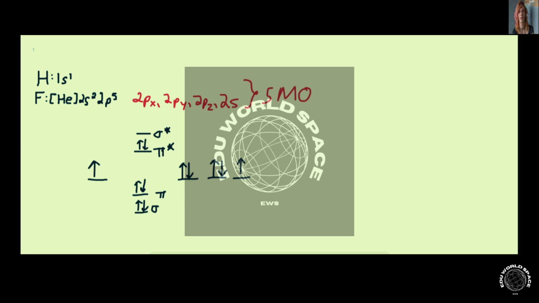So HF has a single bond. You literally can't form a double bond with hydrogen. The two electrons in our anti-pi orbital cancel out the pi bond, which eradicates any double bond from forming. So that means we're going to have a bond order of 1.